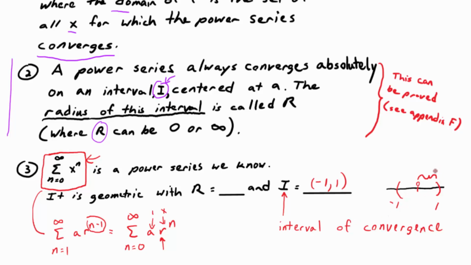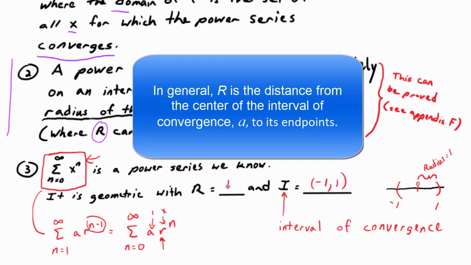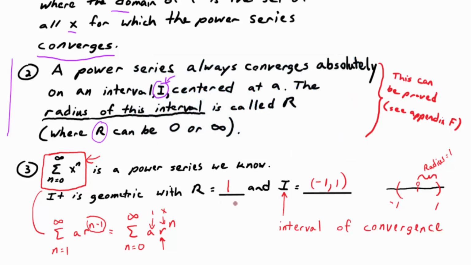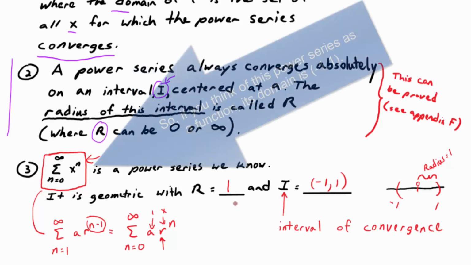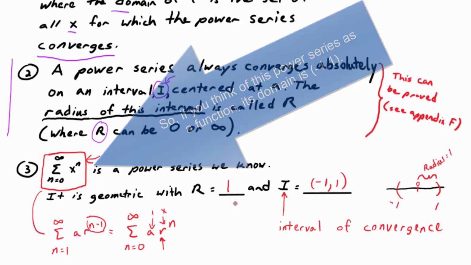The radius is 1. So the radius of convergence for this geometric series is 1. In other words, as long as x is in between negative 1 and 1, that series, n equals 0 to infinity x to the n, converges. Any questions so far? Mostly just vocabulary so far.